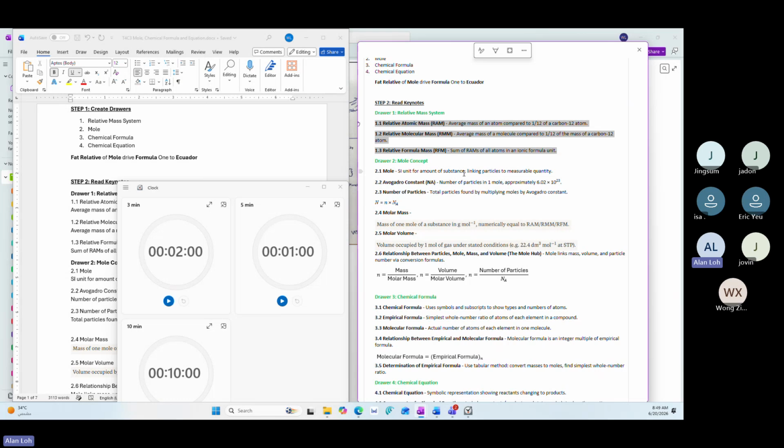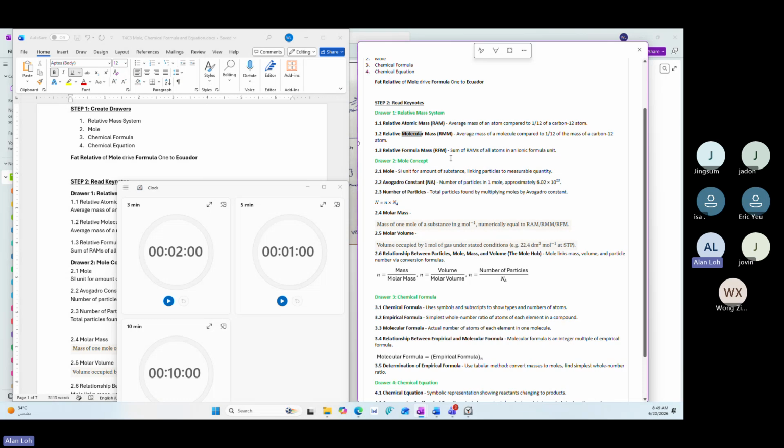There's no way to weigh it, because there's no weighing system that is sensitive enough to weigh an atom. What is your gram? How much gram do you have? That's why they have this system called relative atomic mass or relative molecular mass. It's the same thing, but one is relevant to the atom, the other is relevant to the molecule.